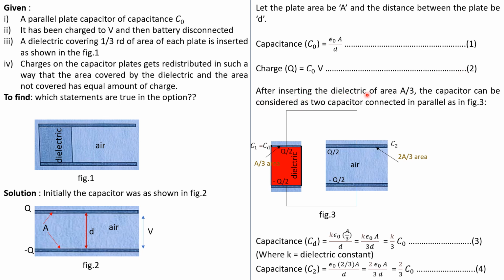After inserting the dielectric of area A by 3, like this, this orange color is dielectric. For convenience, it has been shown as orange color. The capacitor can be considered as two capacitors connected in parallel. There is no issue in that because these two plates are connected with each other. So we can divide this into two capacitors connected simply with conducting wires at the end, like this.